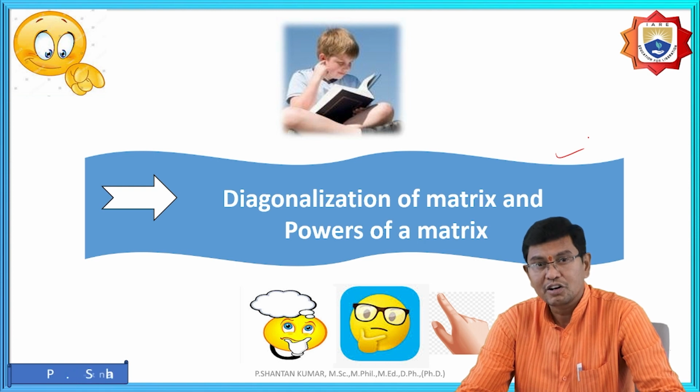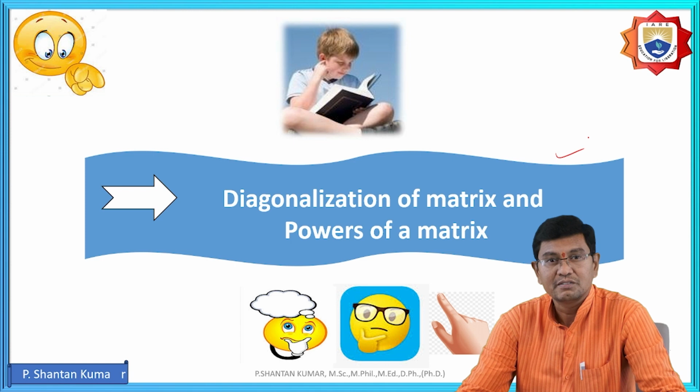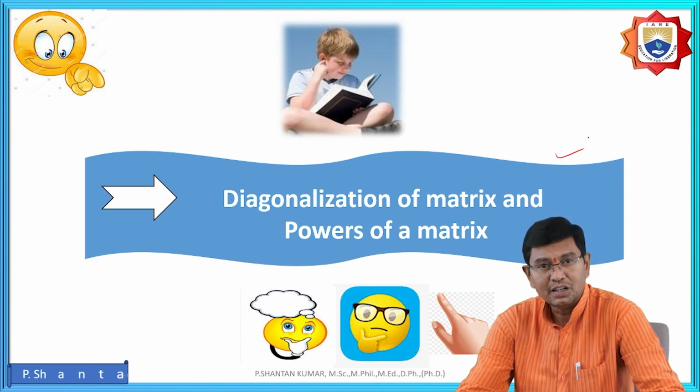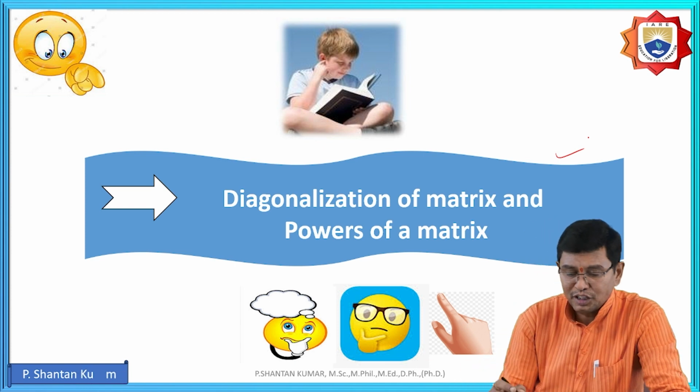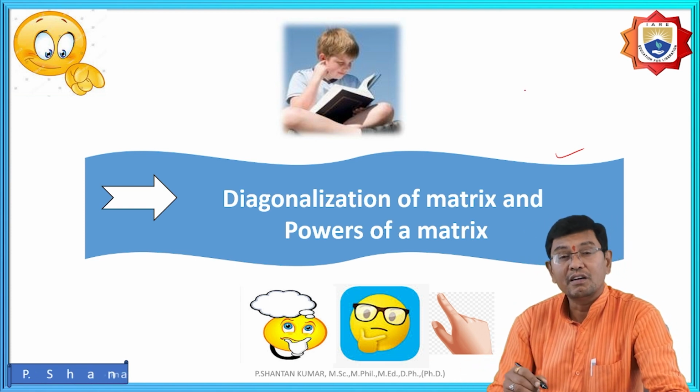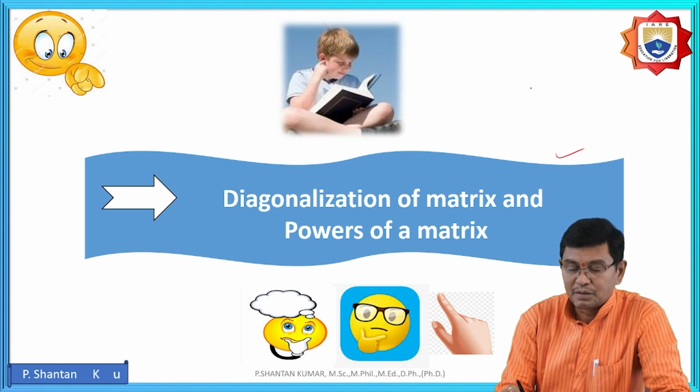If you remember the diagonal matrix, then the problem is easy to do. By using that concept, it is easy to understand the diagonalization of a matrix. As per the definition, the non-diagonal elements should be 0.